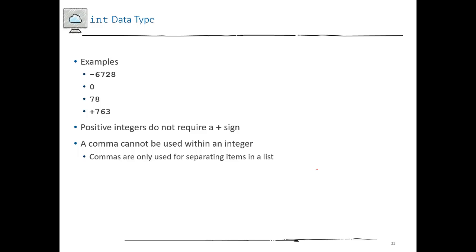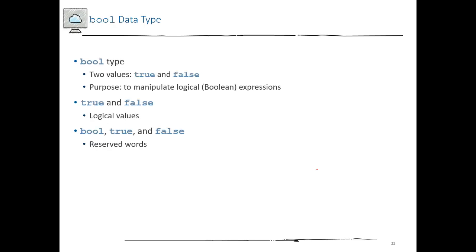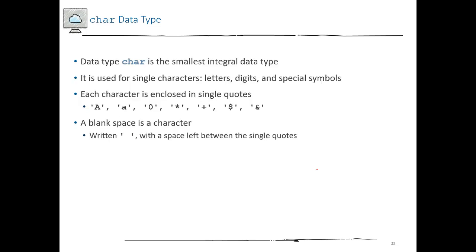Booleans have two values, true or false. A variable of Boolean type can contain either true or false. That's it. A character can contain a single letter, digit, or special symbol, and it has to be in single quotes. So remember that rule. That's a syntax rule.